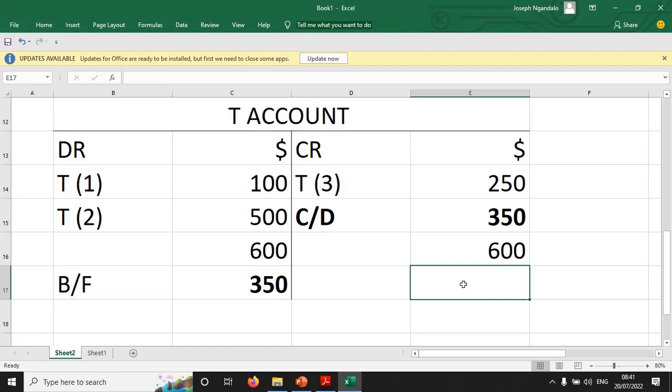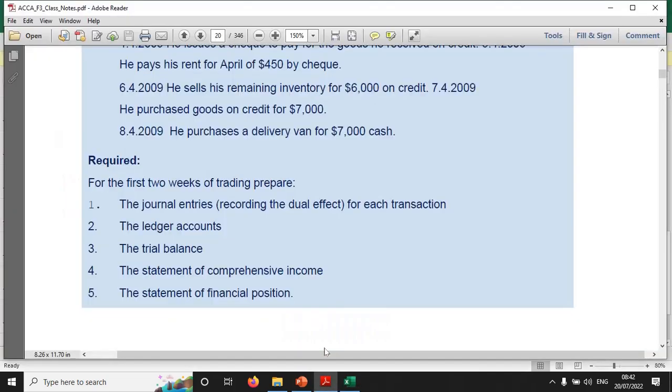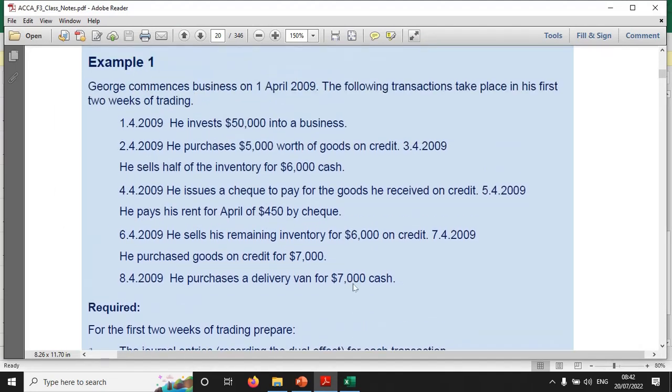But we're going to do more of these after we have populated the accounts of George. Can I go now to George? I want us to progress to George, and he commences his business on 1st April 2009.